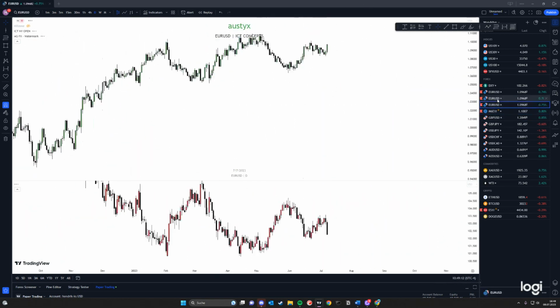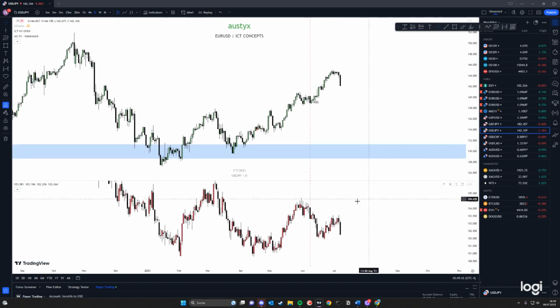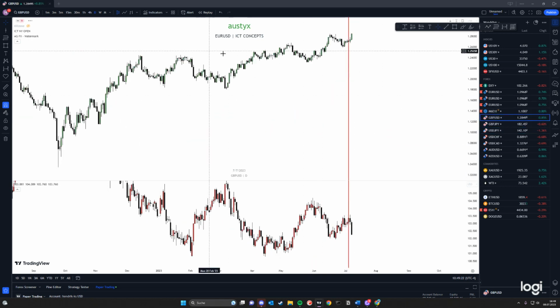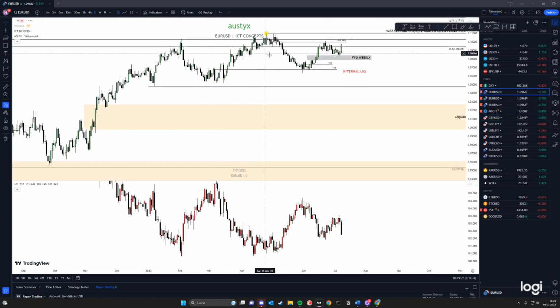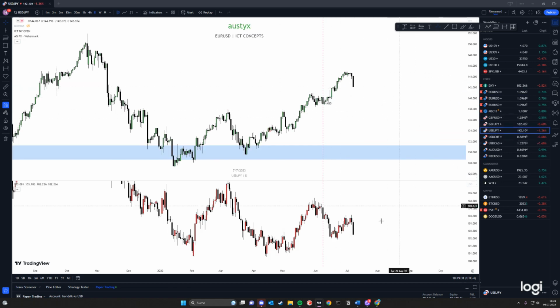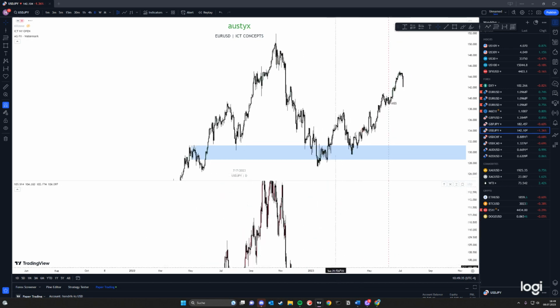Bad example. This is the DXY, and this is EU going up, EU not so much. And then we have the USD JPY and DXY. You can see the correlation here.